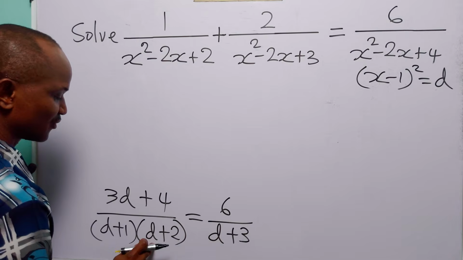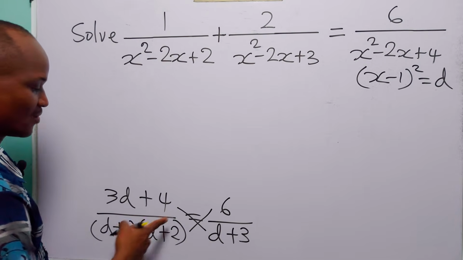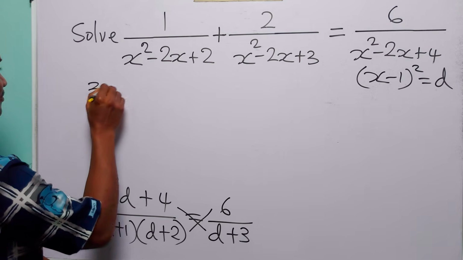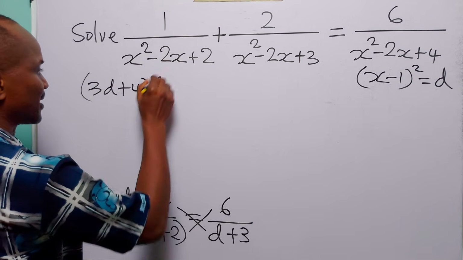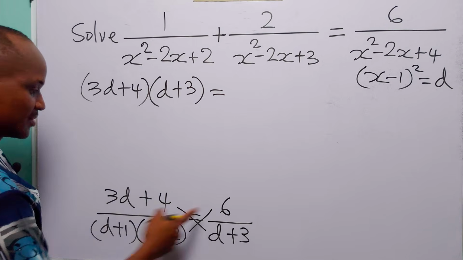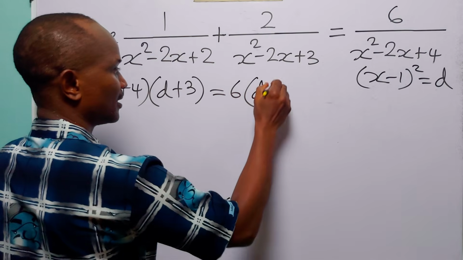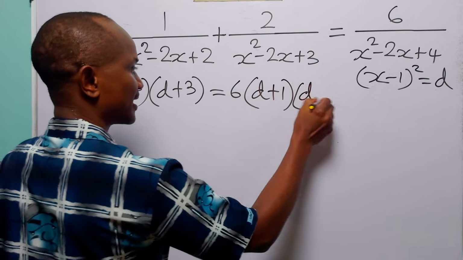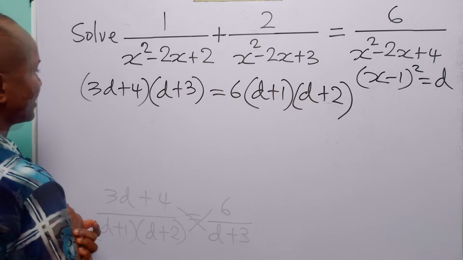Now, to get rid of these two fractions, we cross multiply. We have that 3d plus 4 multiplied by d plus 3 is equal to 6 times d plus 1 multiplied by d plus 2.